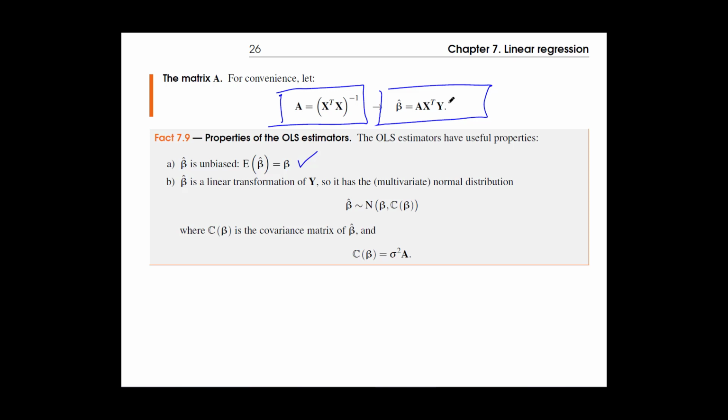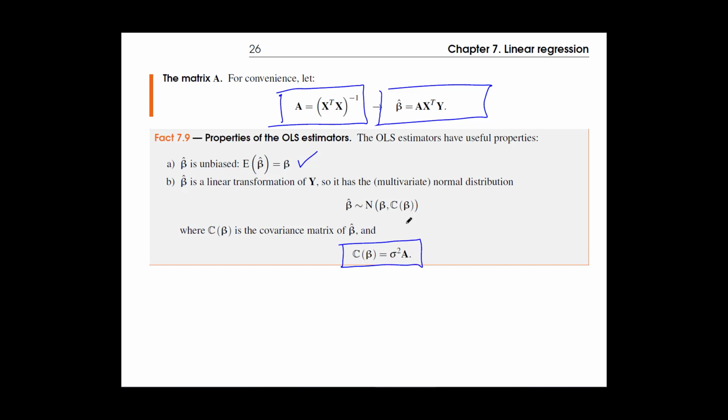Okay, so that means that the beta hats are normally distributed with mean beta without the hat and with covariance matrix C of beta. And this covariance matrix, you can show that it's simply a constant, which is sigma squared times the matrix A, which is defined.